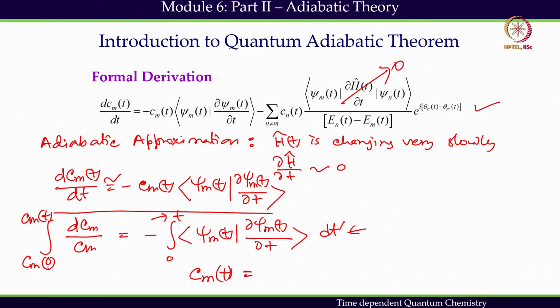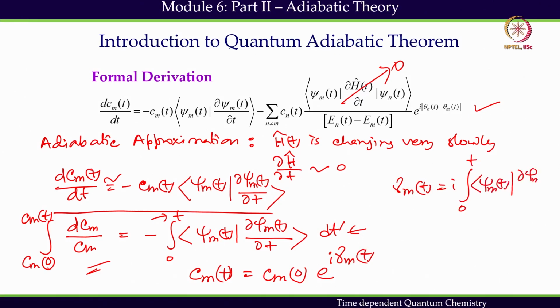This will give me the population at the mth state that will be controlled by Cm0 at time t equals 0, which was the population, multiplied by e to the power I gamma m t, where gamma m is defined by I integral 0 to t dt dash.